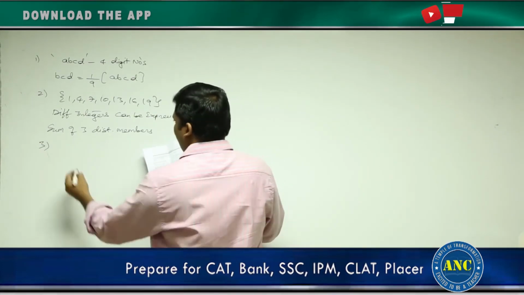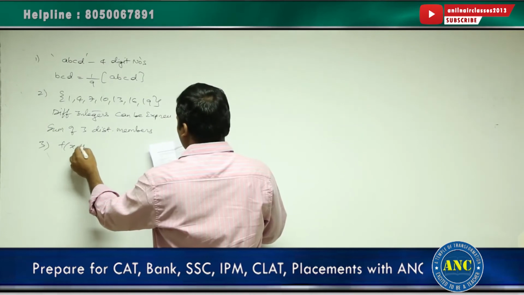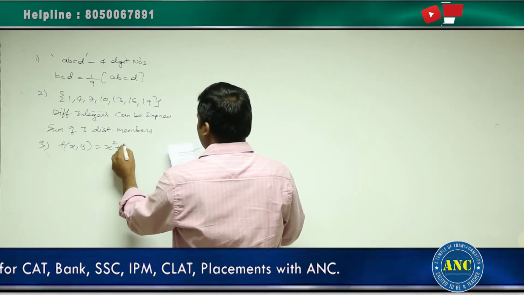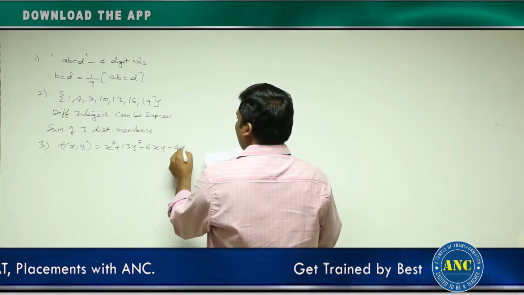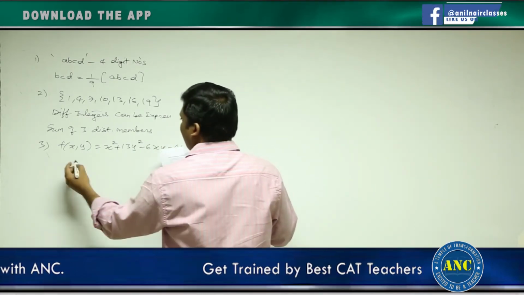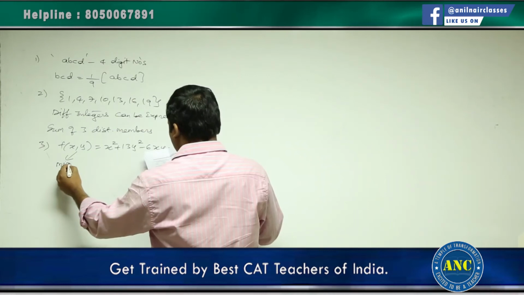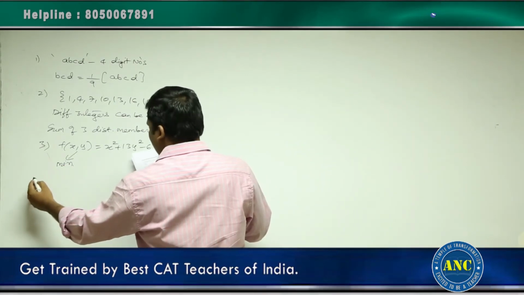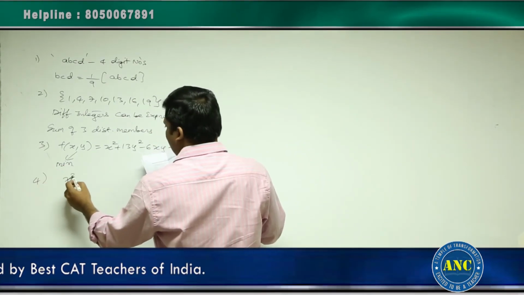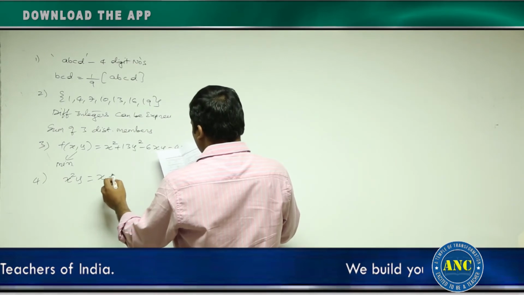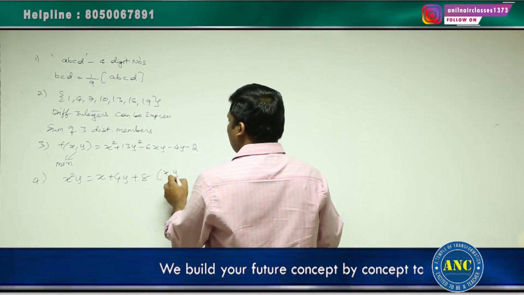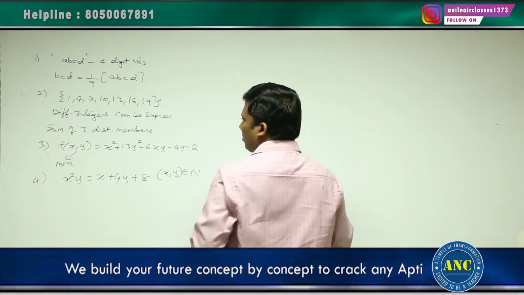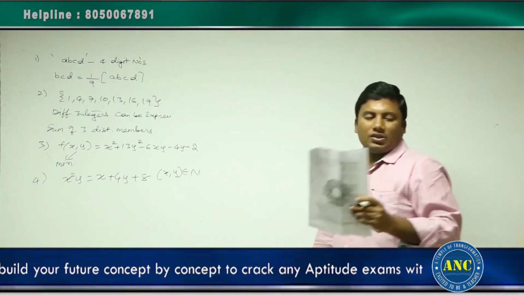Next, f of x, y equals x square plus 13y square minus 6xy minus 4y minus 2. Find the minimum value for this expression. Next one, x square y equals x plus 4y plus 8. How many positive values, natural numbers, x, y will take?